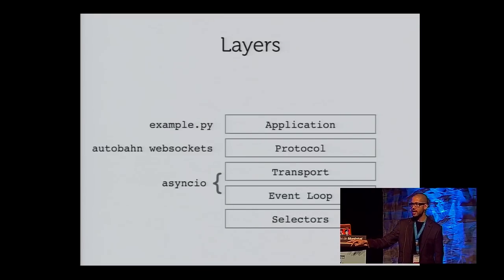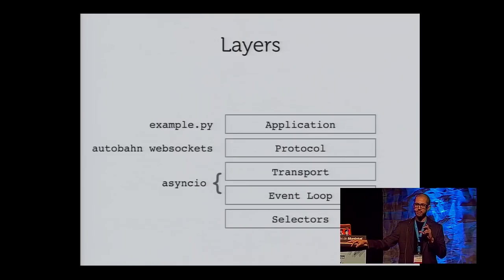This is an abstraction that was defined by Async IO. It was heavily inspired by Twisted's design. And the distinction is that a protocol is something like HTTP or WebSockets. A protocol knows what bytes to send, and it understands the meaning of the bytes that it receives.